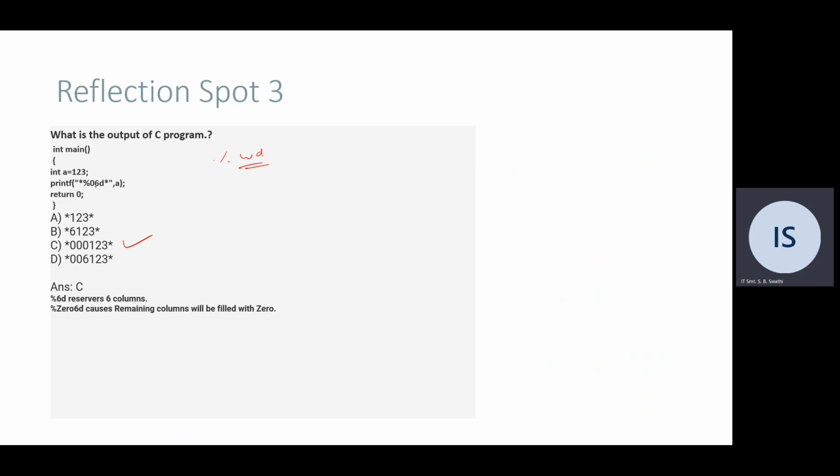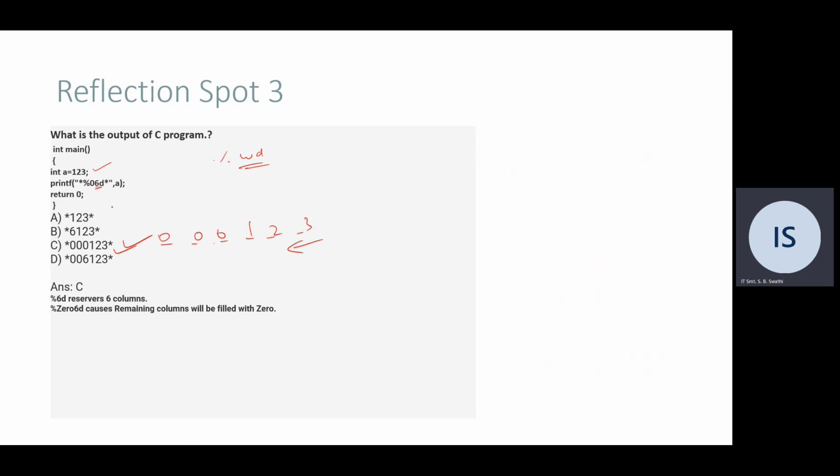That means here you are specifying 6, which indicates 6 spaces will be allocated to display the value of a, and no minus symbol is there before this 6. That means it is plus. Plus means it is right justified. So from the right side, it will start filling up this number 1, 2, 3. The remaining places will be blank. This is the answer, students.